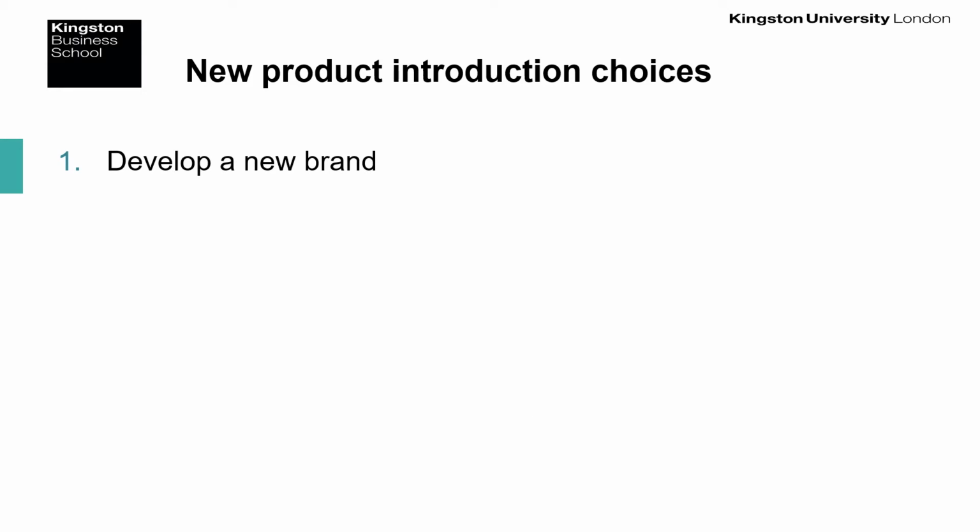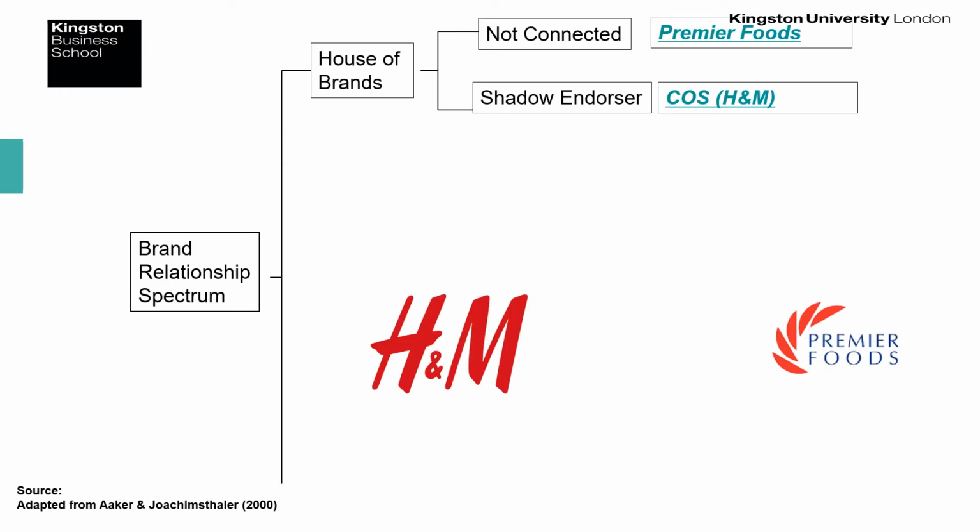So let's think about the first option, developing a completely new brand from scratch in the house of brands strategy. I mentioned that Premier Foods and H&M are examples, and all of these bits of text and indeed the images are hyperlinked. So when you download the slides from Canvas, you can click through and look at these organisations in more depth and detail.